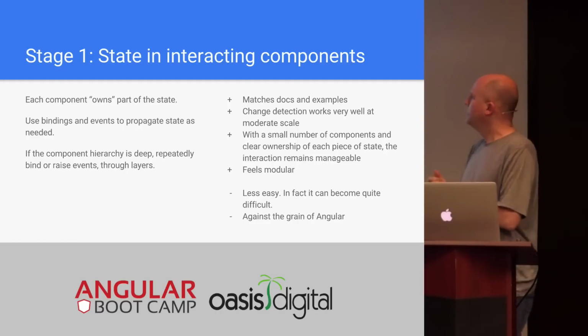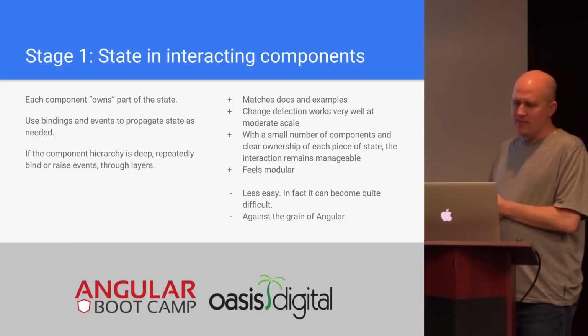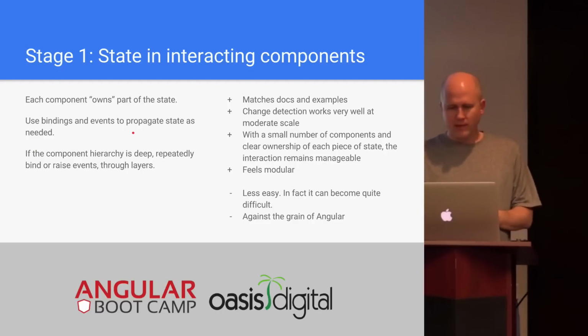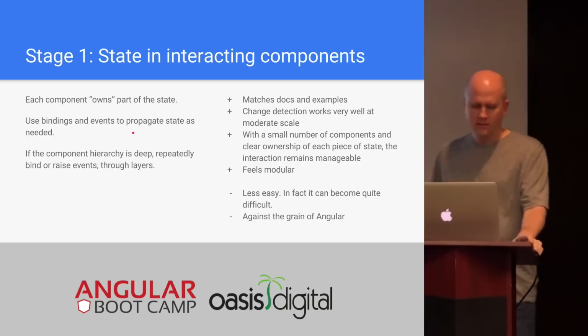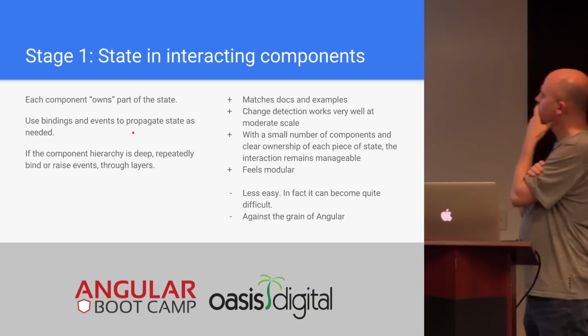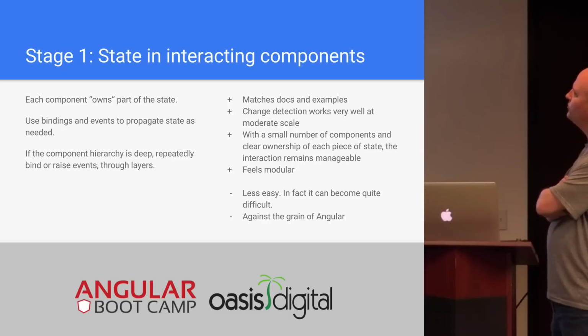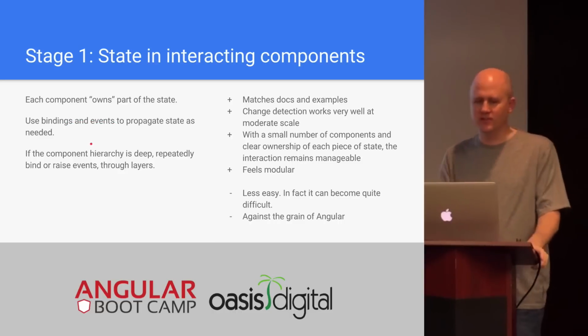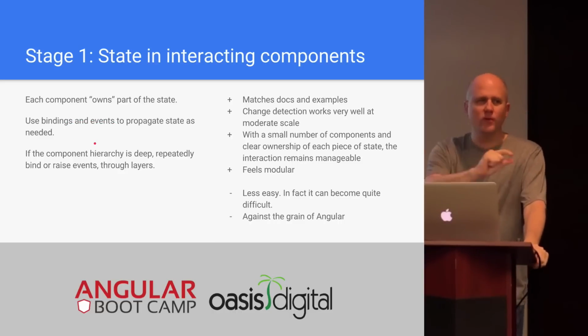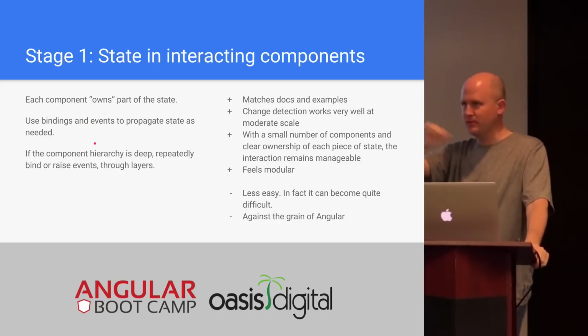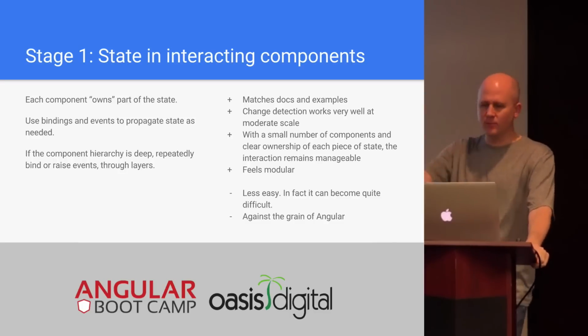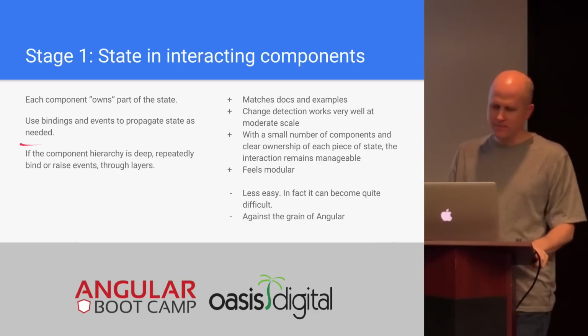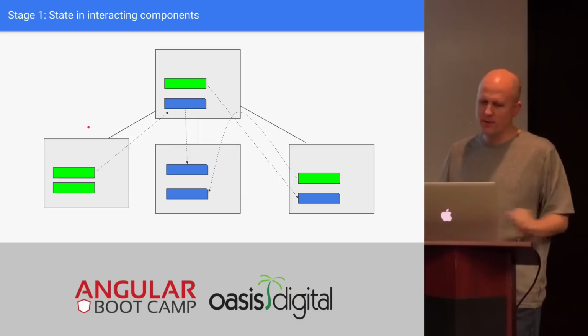Okay, so once we build a very slightly more complex application, we start saying, well, each component owns part of the state, but we use these Angular 2 binding and event features to copy those pieces of state between different parts of an application. So I'll have a diagram here showing this idea.